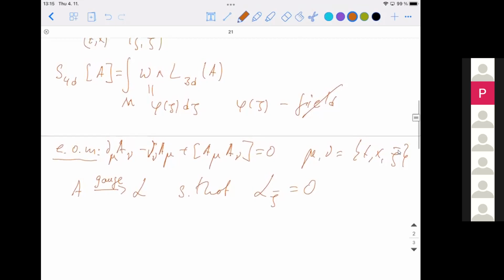Well, no, because phi does not depend on A, so it does not get into this equation of motion part. You will see it clearly when we just go on.